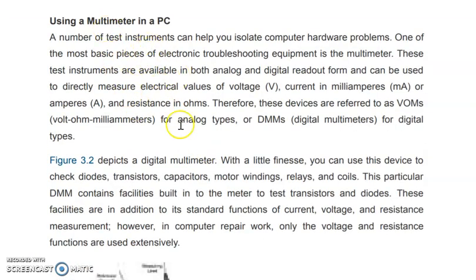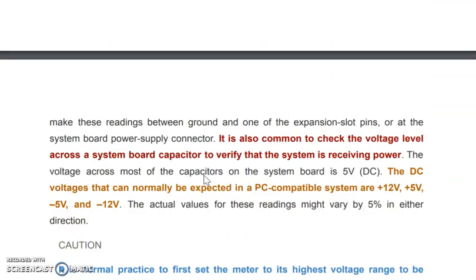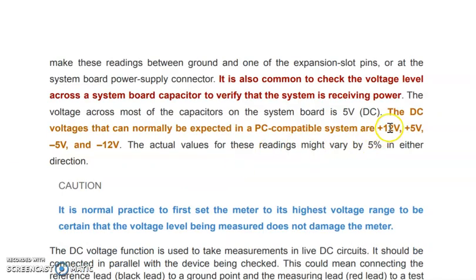Next we will see the multimeter. This picture shows the multimeter. It will identify the voltage levels present in your computer system. Normally your voltage levels range from plus 12 volt, plus 5 volt, minus 5 volt, to minus 12 volt. These are the normal ranges of your computer system.